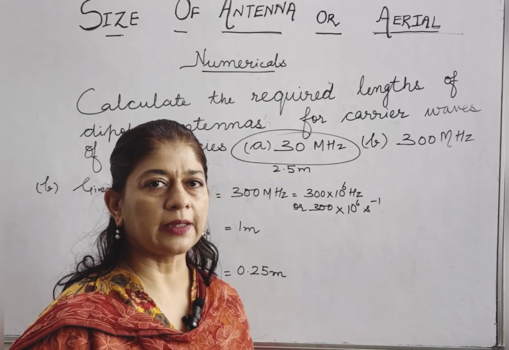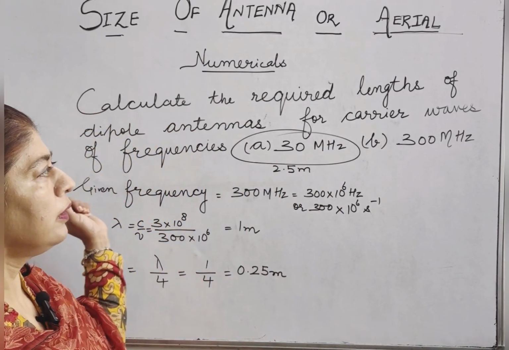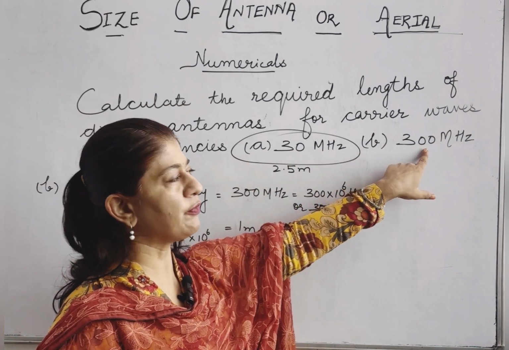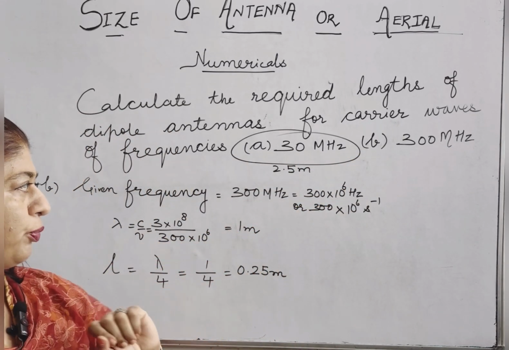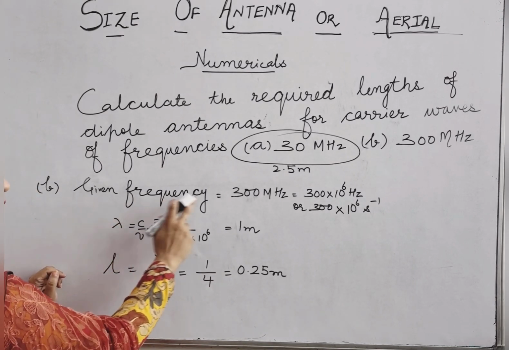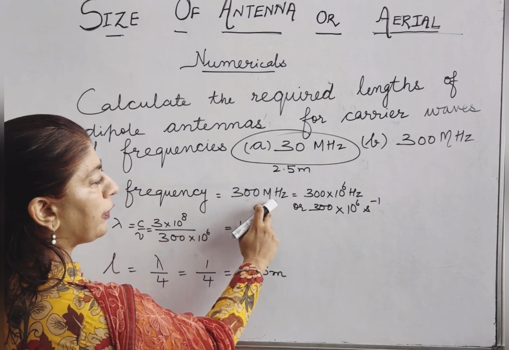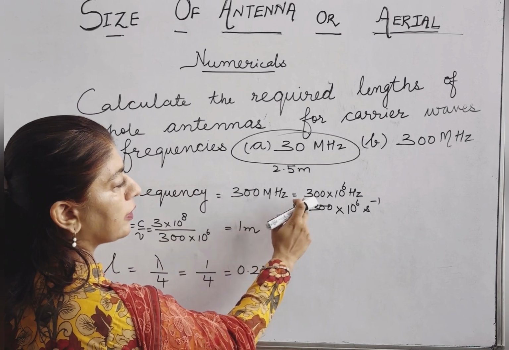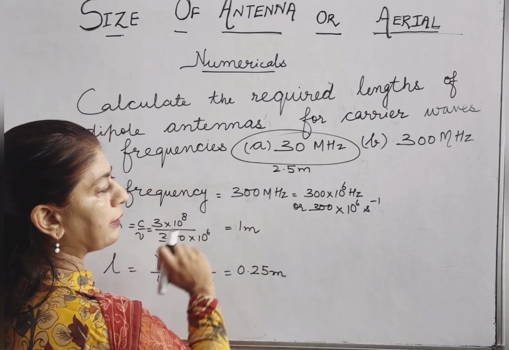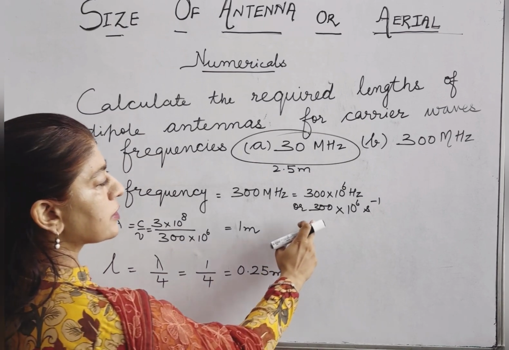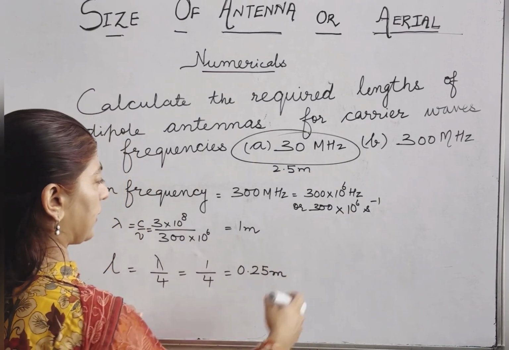Now let us see the second numerical, where the carrier wave frequency is given as 300 megahertz and we need to find out the length of the dipole. Here is the given frequency, 300 megahertz. Convert that into hertz by taking the value of mega as 10 power 6. This is 300 into 10 power 6 per second.